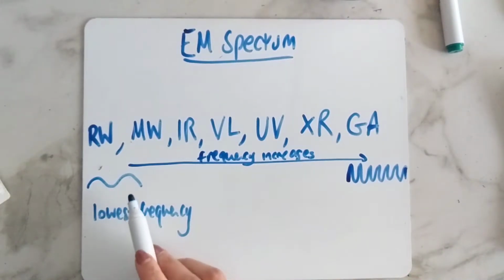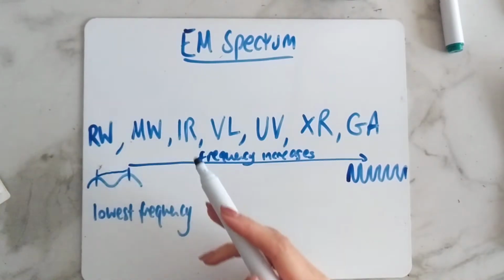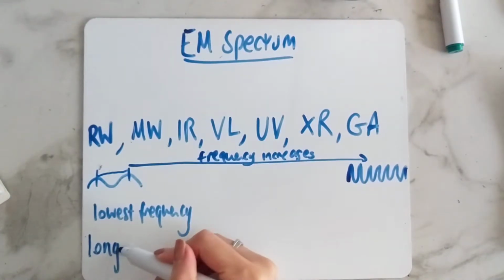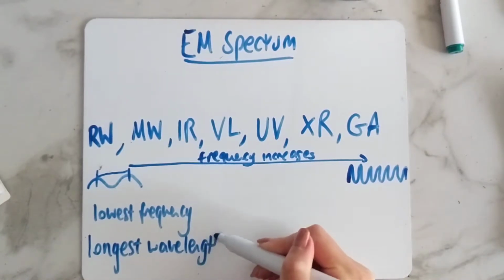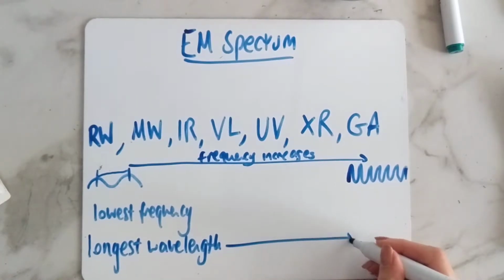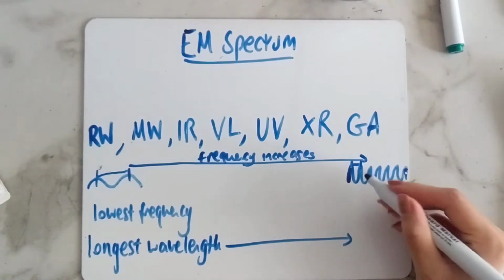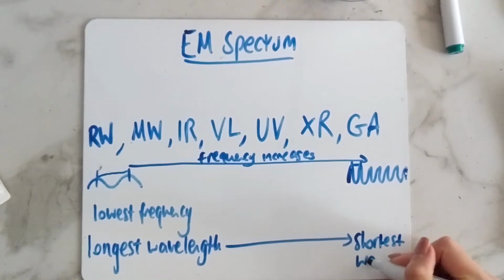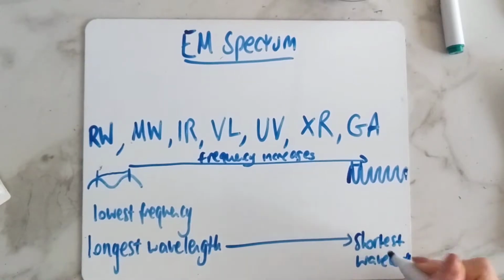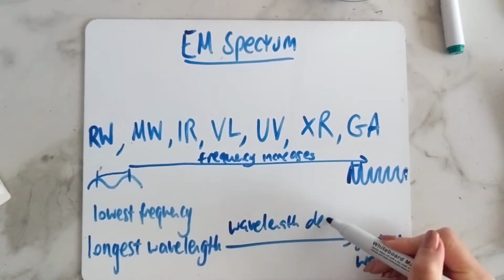So if this one has the lowest frequency, it means it's got the longest wavelength. So lowest frequency, longest wavelength, and you can see here wavelength is short, so this one here is the shortest wavelength. So wavelength decreases.